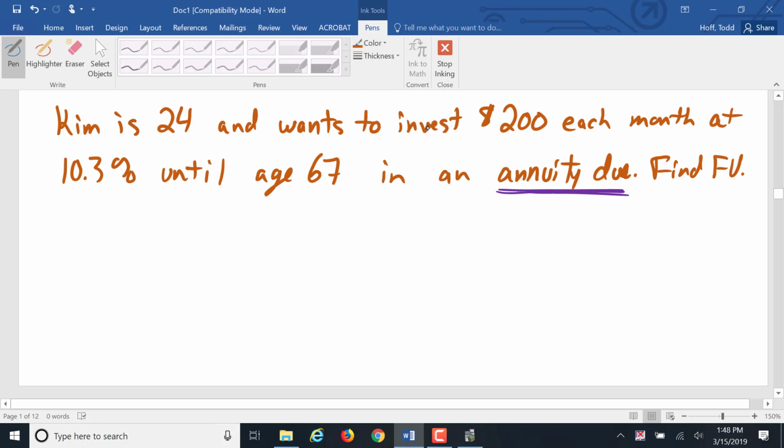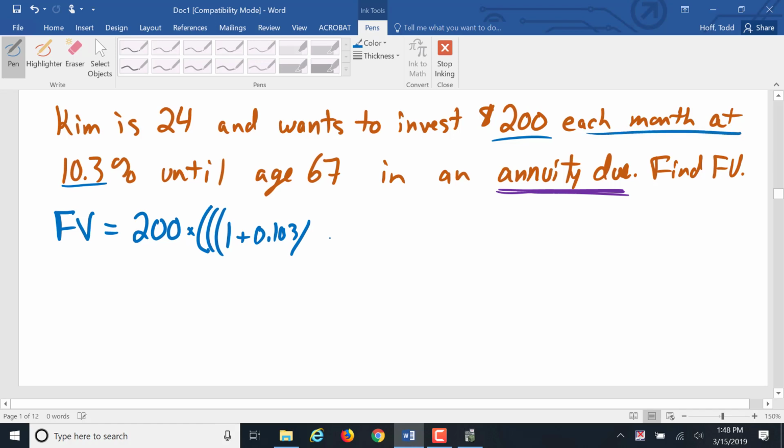Being an annuity due, to find that future value, it starts out exactly the same as an ordinary annuity. We have our payment, $200, times, open parentheses, for that compound interest of an annuity factor, 1 plus r, our rate, is 10.3%, so that's 0.103. Payments are made monthly, so n is 12, close parentheses. The power of 12 times our years here.